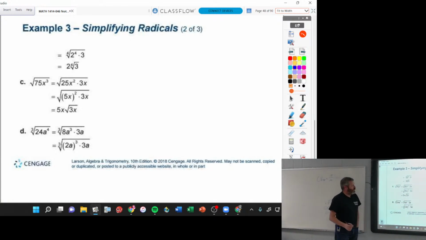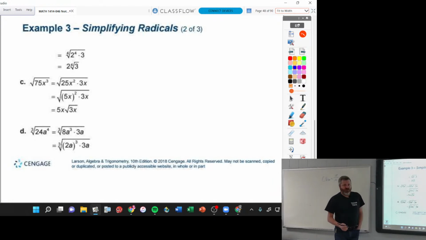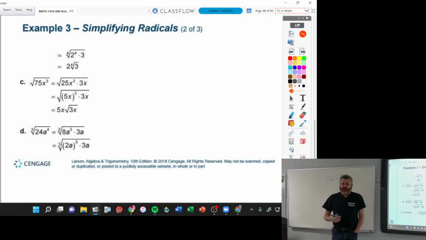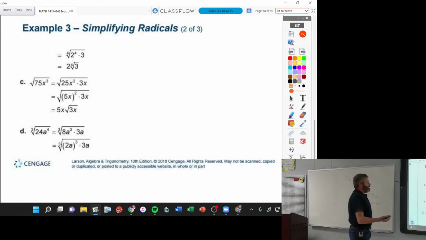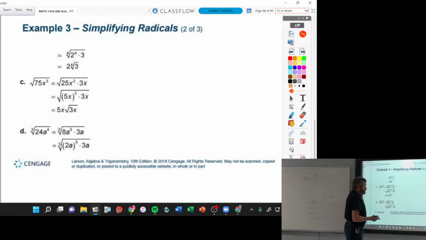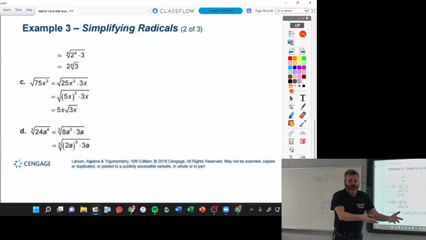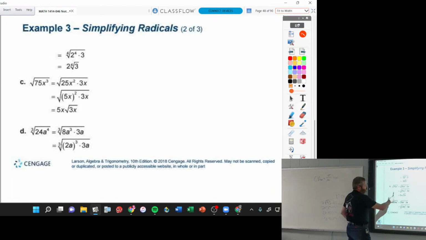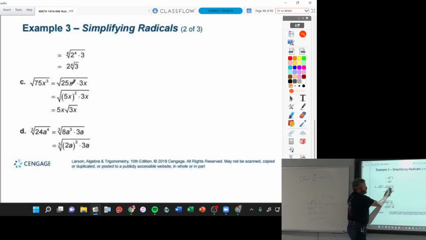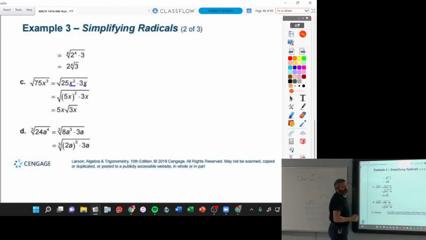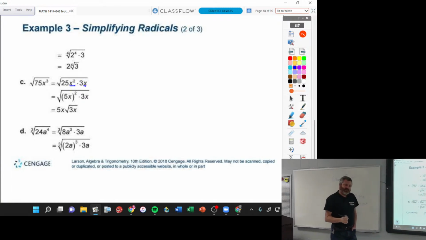Part C. I have the square root of 25x cubed. So we've got numbers involved and we've got letters involved. When you're dealing with letters, realize that for this problem the index is 2. If I have x cubed, 2 does go into 3 with 1 left over, so I can rewrite x cubed as x squared times x, because x squared times x is x cubed.